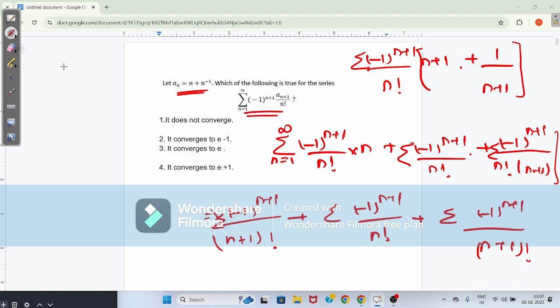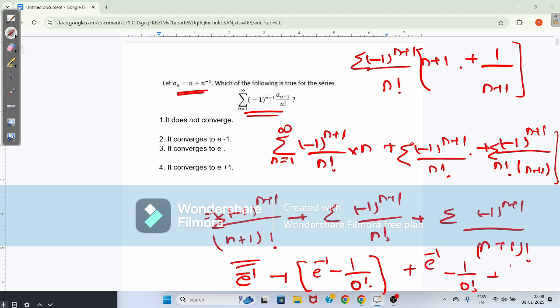Now this is the value for e power minus 1, and you can write this value as e power minus 1 by 0 factorial, plus e power minus 1 by 0 factorial plus 1 by 1 factorial.